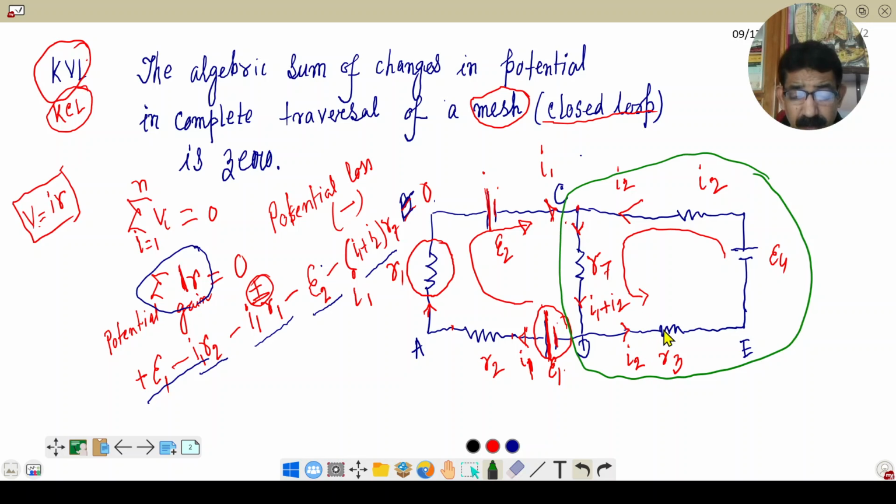Okay. So, suppose we are starting from D, this point. We are moving along the current through the resistance, that is potential loss.